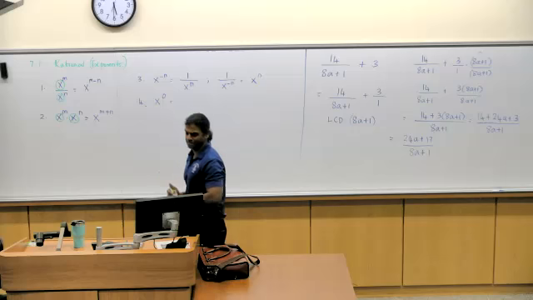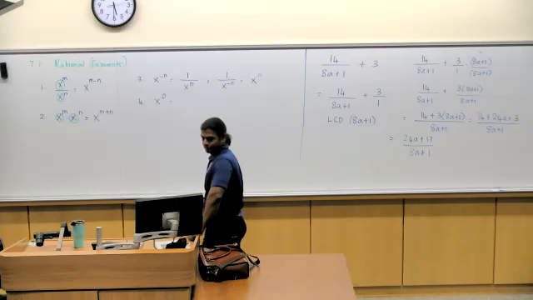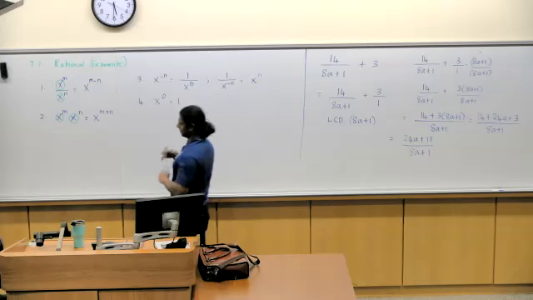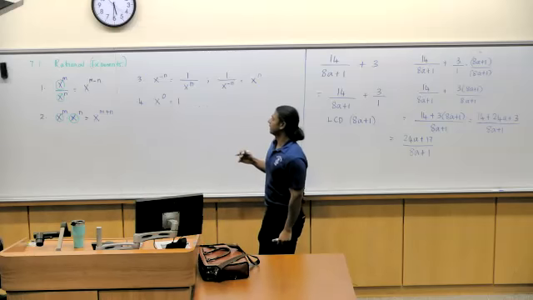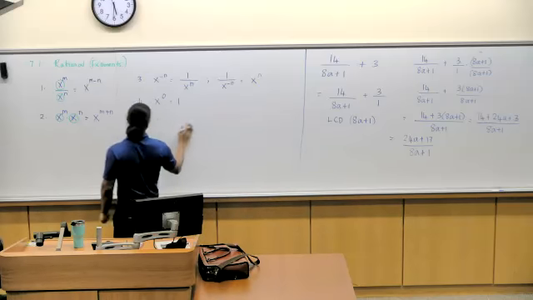What is x raised 0? X is any number. What is x raised 0? 1. You raise any number to the power of 0, you get 1.